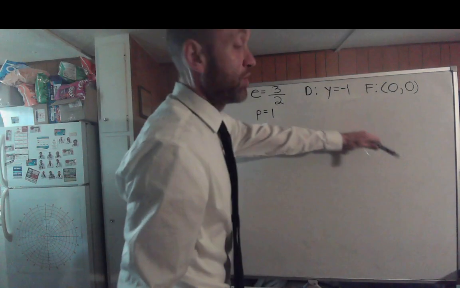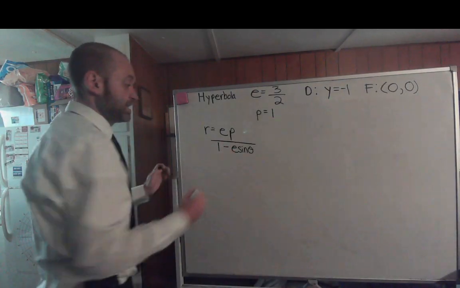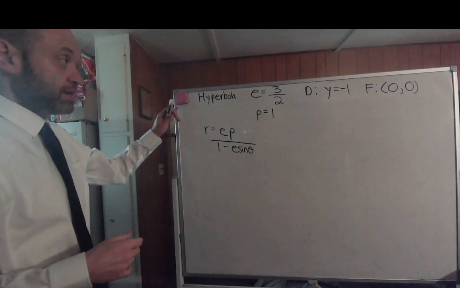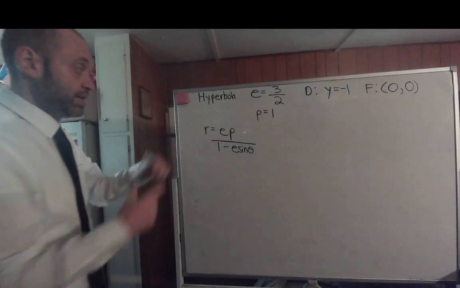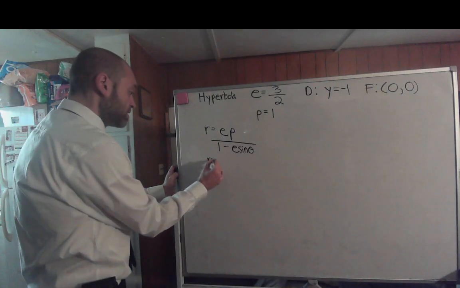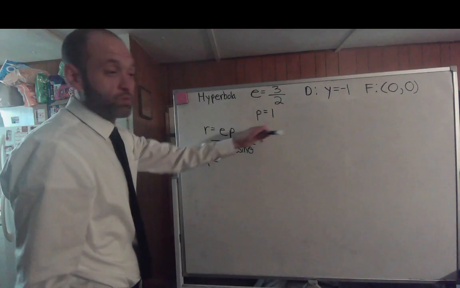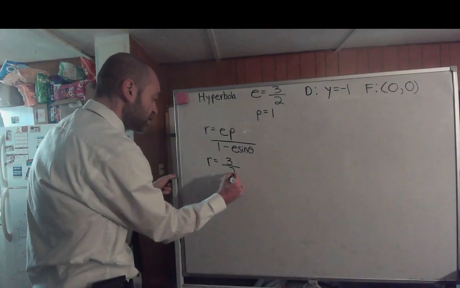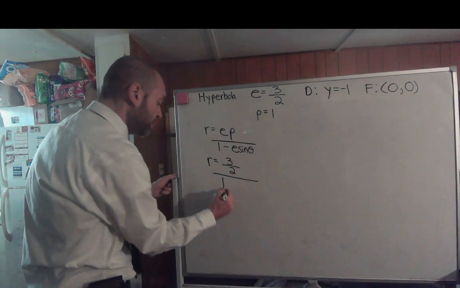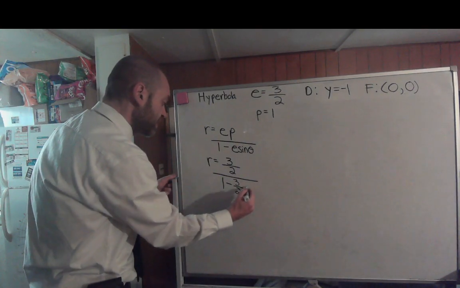Well, notice your directrix is below the focus, so it'll end up being minus e sine of theta. Now we have sufficient information to go ahead and find the equation. So R equals E times P. Well, E is 3/2, P is 1, 3/2 times 1 is 3/2, all over 1 minus that eccentricity of 3/2 times the sine of theta.